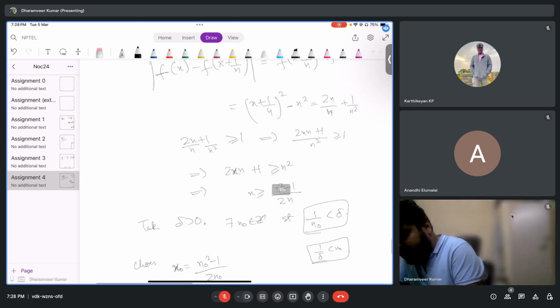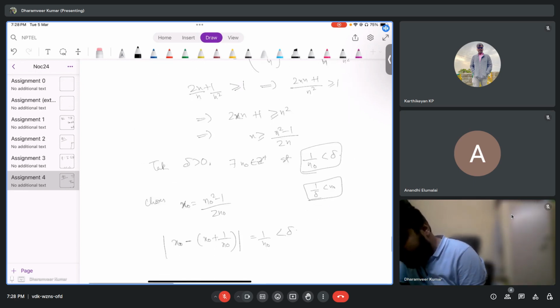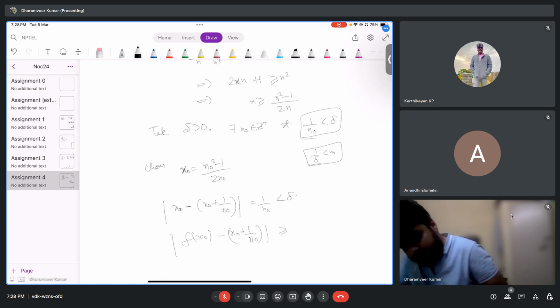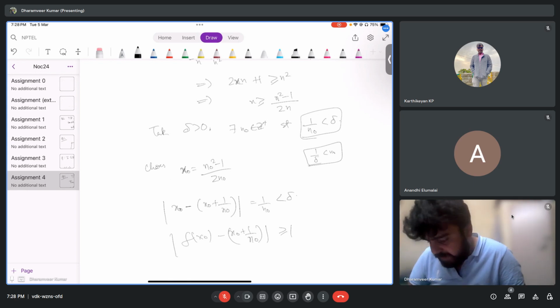And what about this thing? We know f of x naught minus f of x naught plus 1 over n naught was greater than 1.